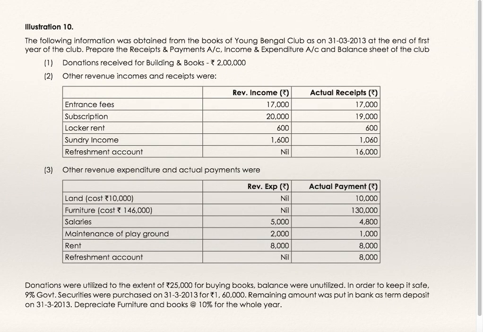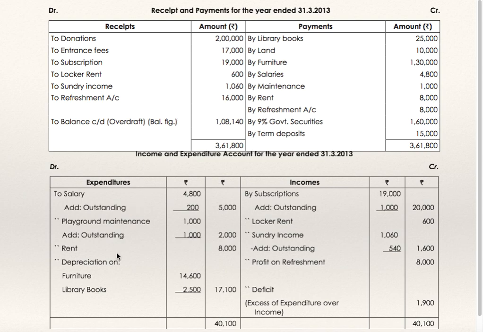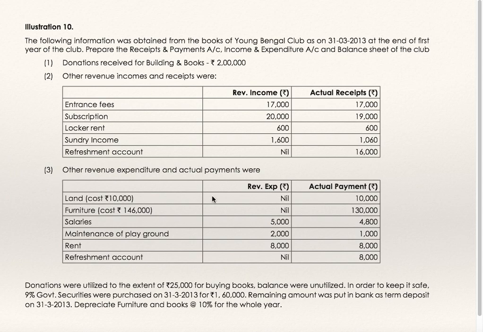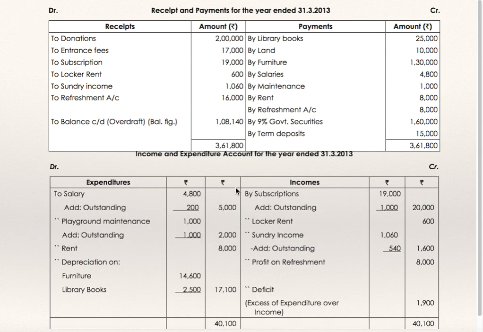Rent 8,000. By rent 8,000, both on the payment as well as the expenditure side. Refreshment account expenditure side nil. Actual payment is 8,000. Refreshment account receipt 16,000, actual payment 8,000.